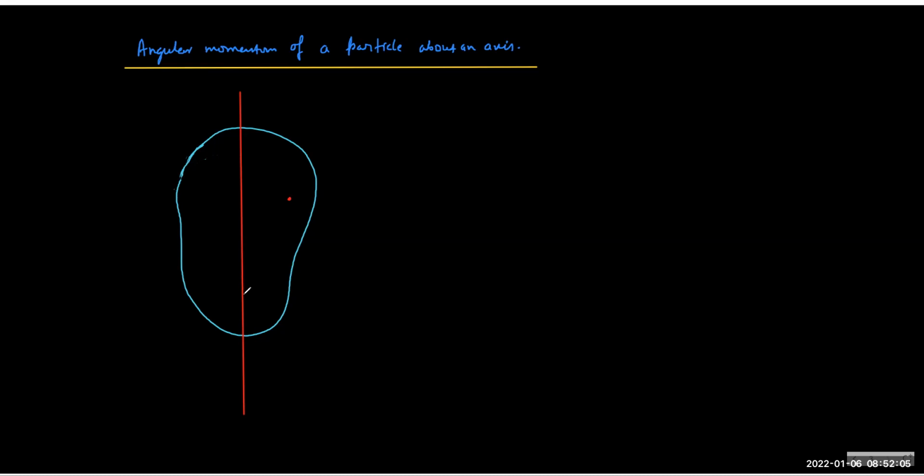So what you do is you choose some random point on the axis and then find the answer about this point. For that purpose, we take the plane which is perpendicular to the axis, and we assume the velocity to be in this direction.